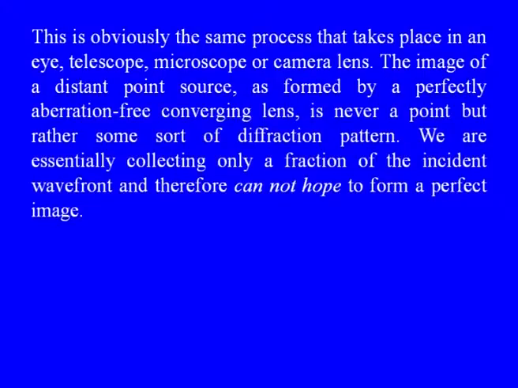We are essentially collecting only a fraction of the incident wave front, one that passes through the aperture. Most of it is obstructed, and therefore, we cannot hope to form a perfect image.